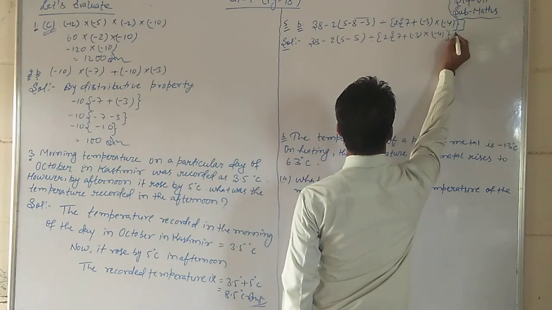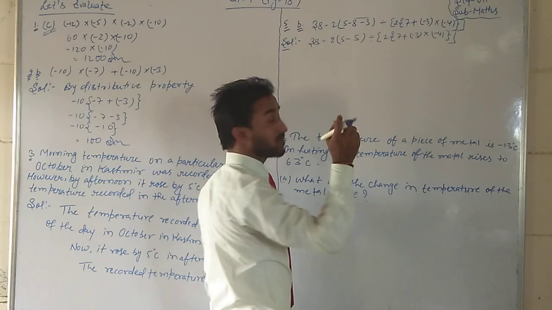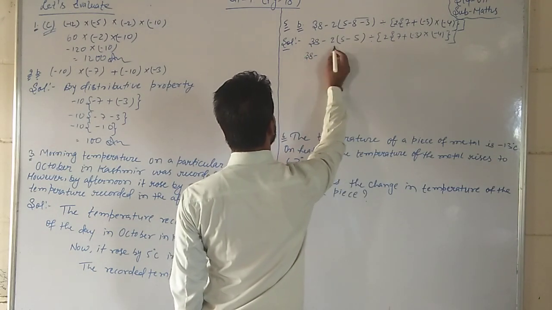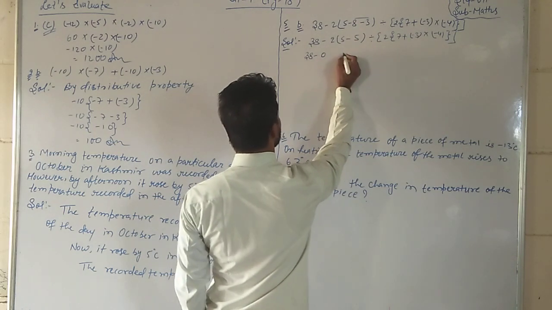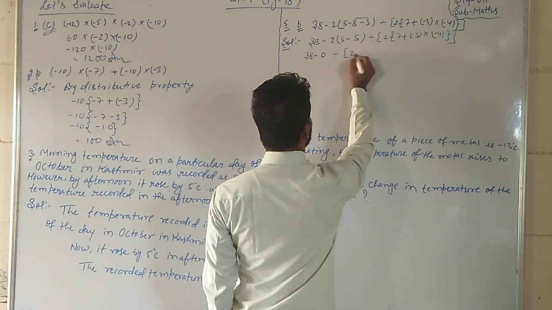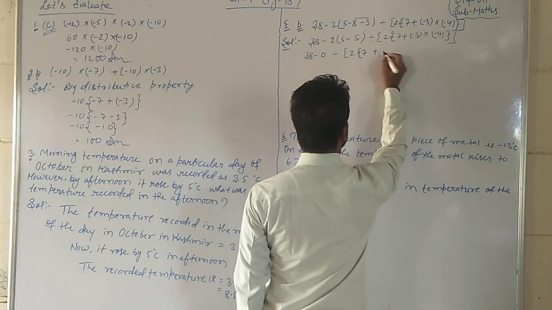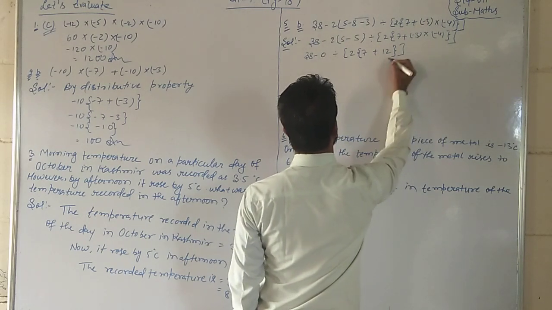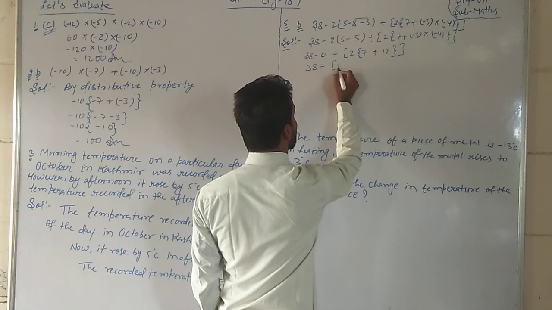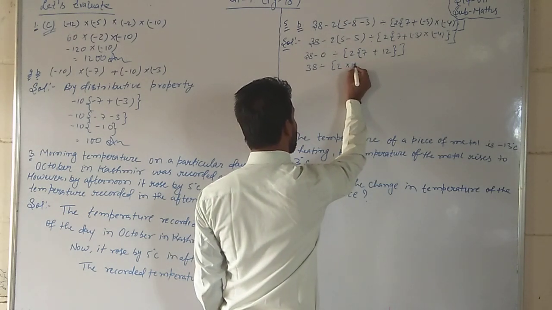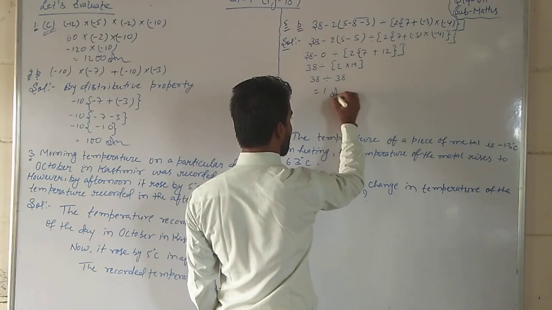Minus 4. See, now when the bracket is finished, what is next? So solve the bracket. 38 minus, bracket 2 minus 0, 5 minus 5, 2 into 0 is 0, divided by 2, 7 minus minus plus 4 is 12. 38 minus 0, divided by 2, 7 plus 12 is 19. 38 divided by 38, answer 1.